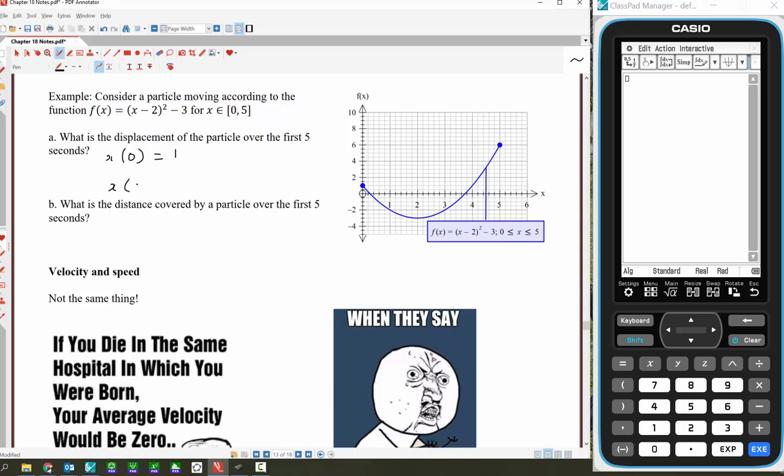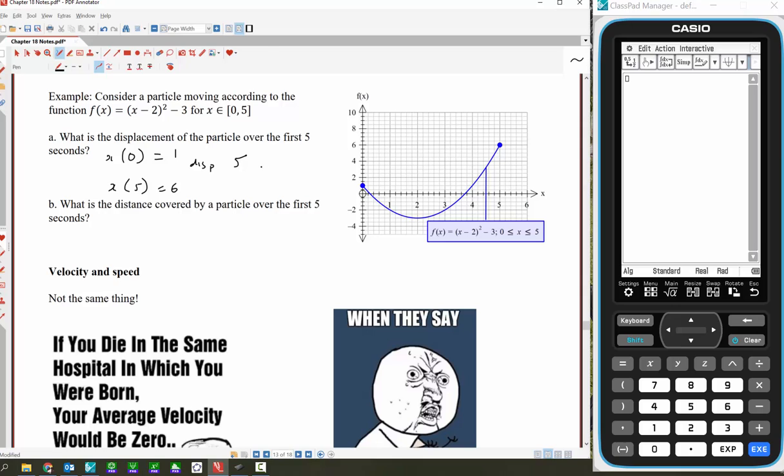X of 5, looks to be 6, let's just make sure. 5 to 3, 9, 6. All right, so it starts at 1 and it finishes at 6. Okay, so our displacement is going to be 5.